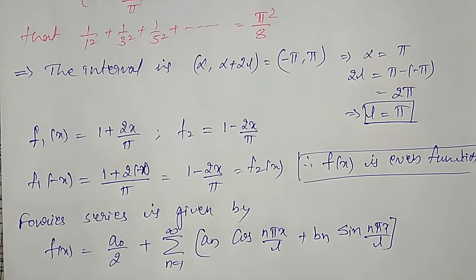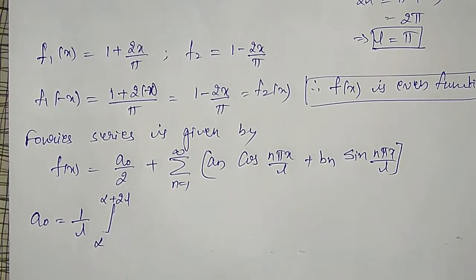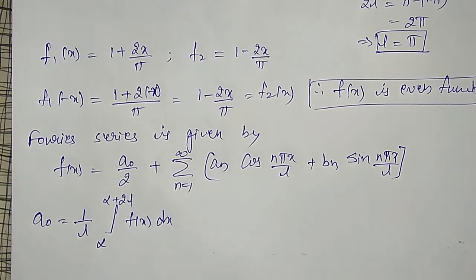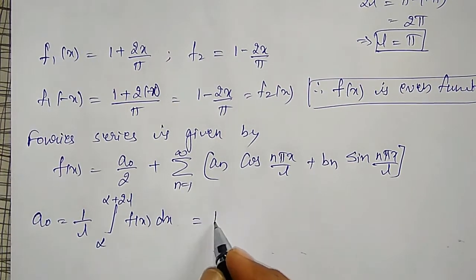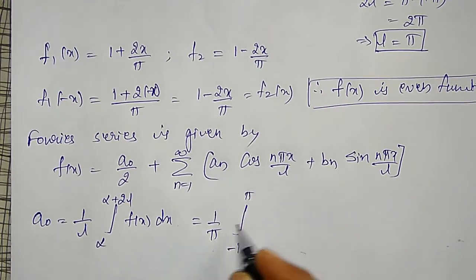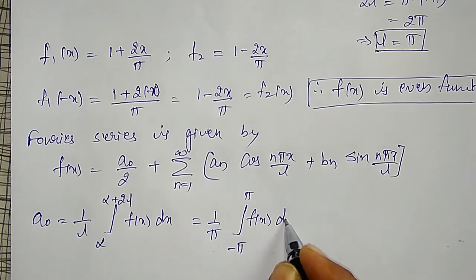a0 is defined to be 1 by l integration from alpha to alpha plus 2l of f of x dx, which is equal to 1 by pi integration from minus pi to plus pi f of x dx.